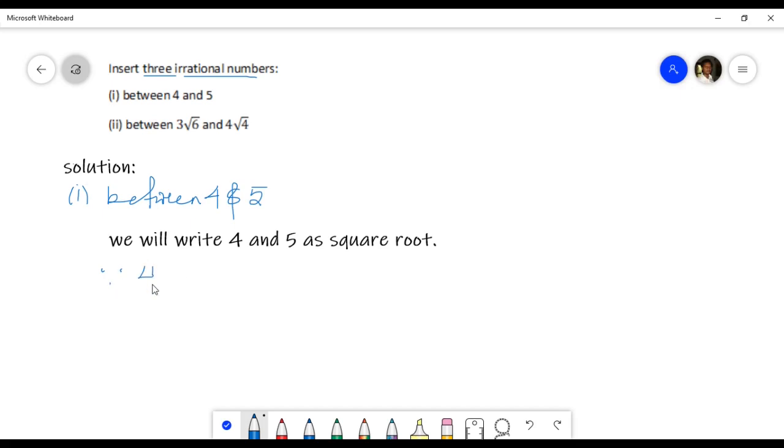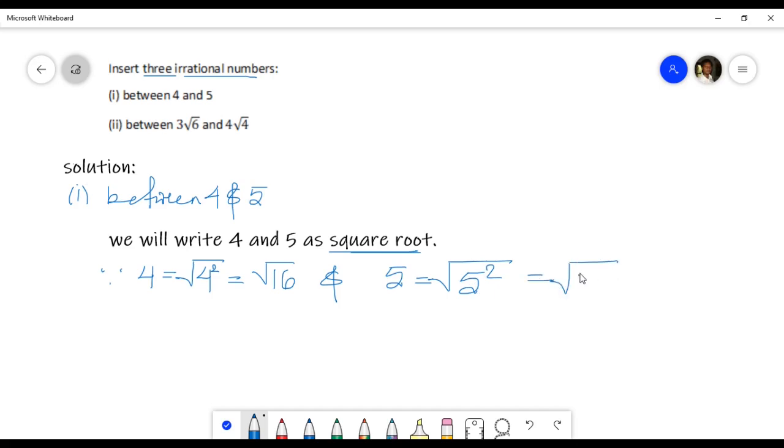That is, 4 is written as root 4, right? 4 squared, which is equal to 16, root 16, and 5 is written as root 5 squared, which is equal to root 25.